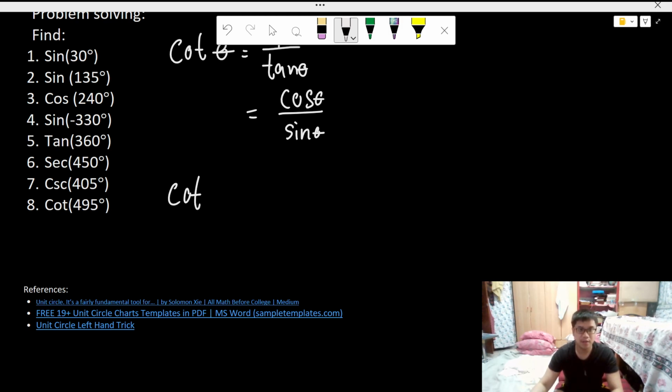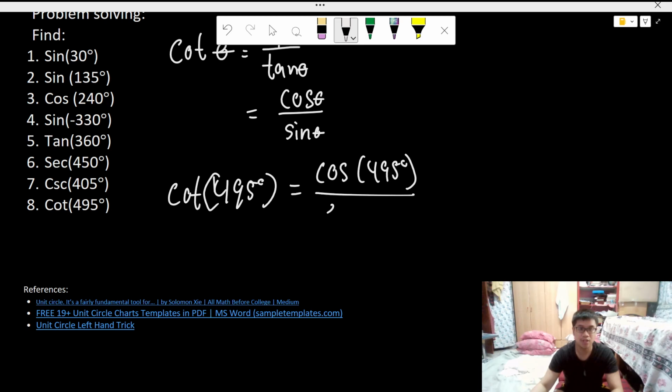So cotangent of 495 degrees is just the same as cosine of 495 degrees all over sine of 495 degrees.